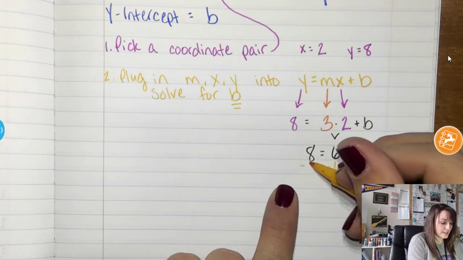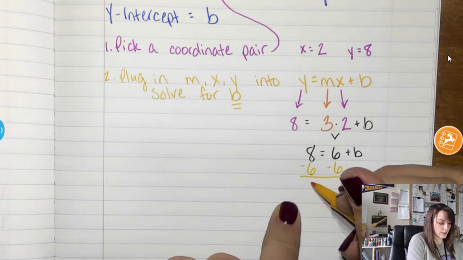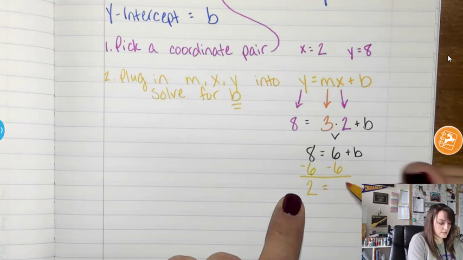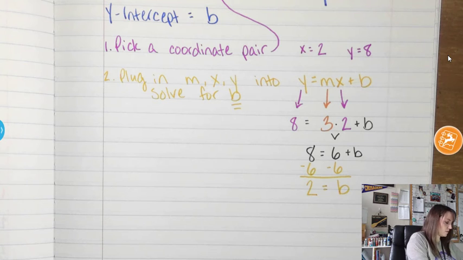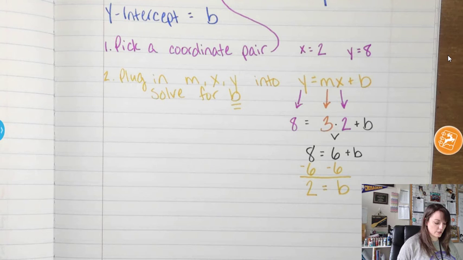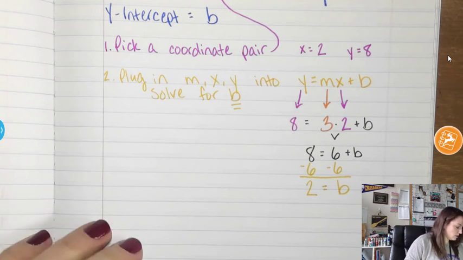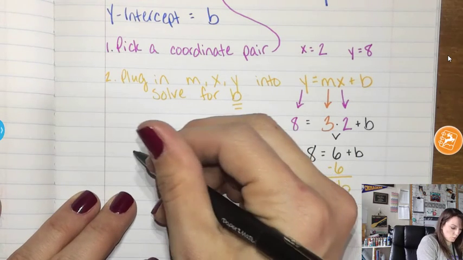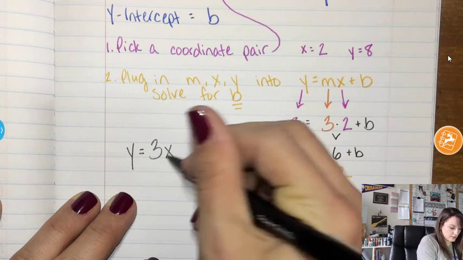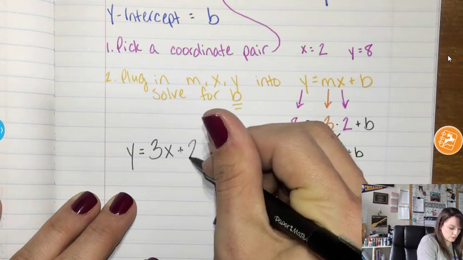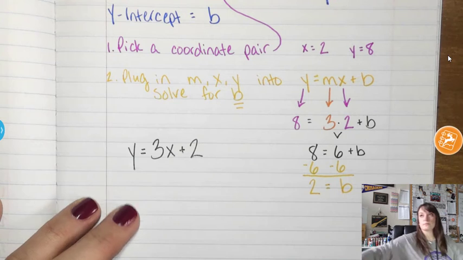This is easy to do with easy numbers, but when you have harder numbers, you got to have the process. So b is 2. So I know that my equation is y equals 3x plus 2.